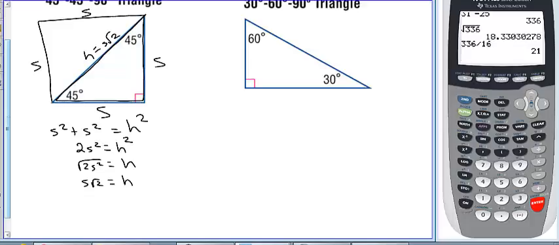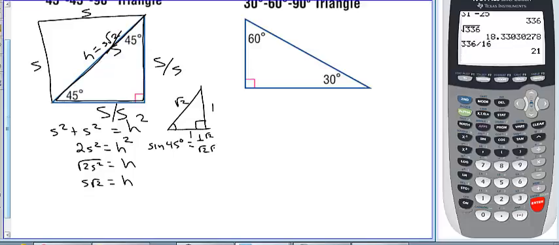Now if we divide everybody by s, and that's allowed, this would be 1, 1, and square root of 2, because you're dividing all the sides by s. Now let's pick one of the 45s, maybe that one down there. Then the sine of 45 degrees is opposite over hypotenuse, 1 over square root of 2.